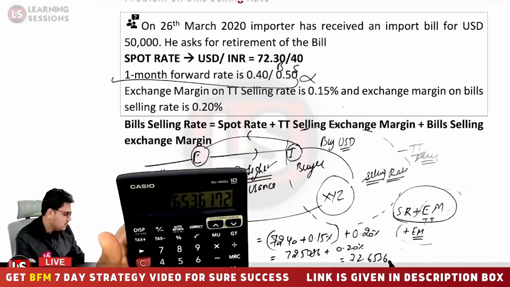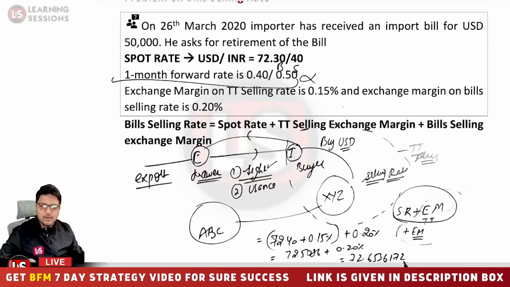So that particular price will be quoted to the customer. Is that particular part clear? I know this seems to be somewhat complex, but this is not the case. You must just stick to the basics, and it's quite simple to understand the concepts related to foreign exchange.